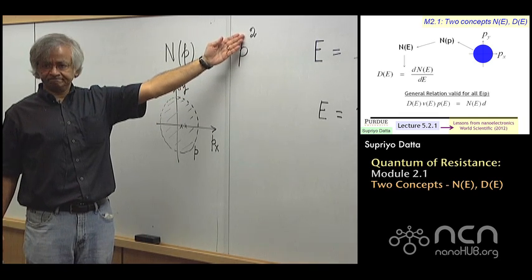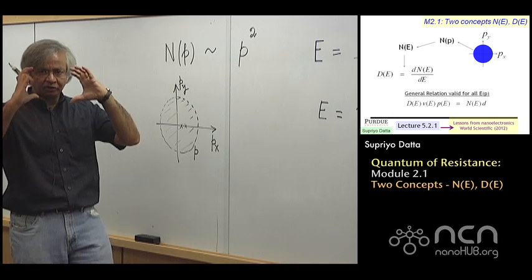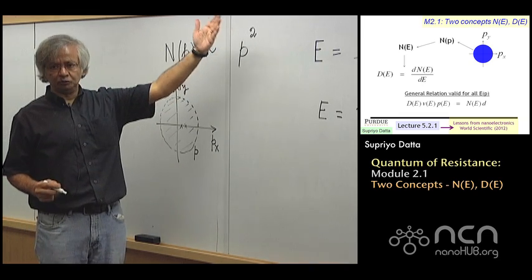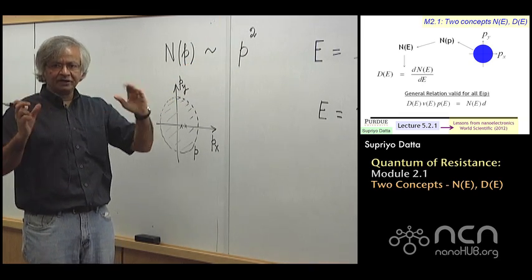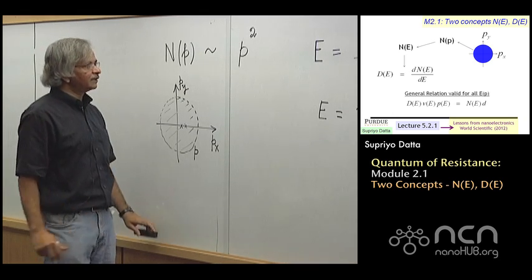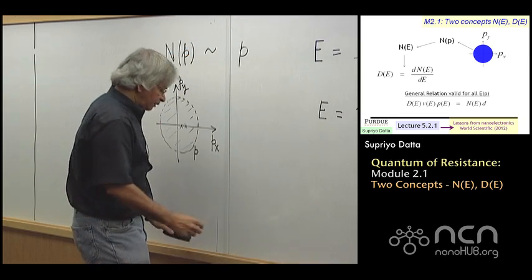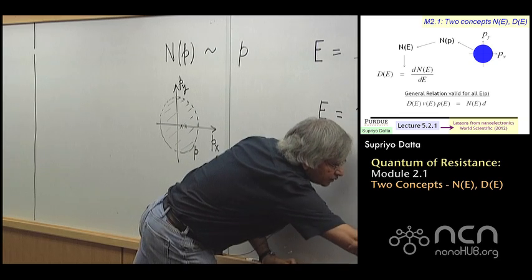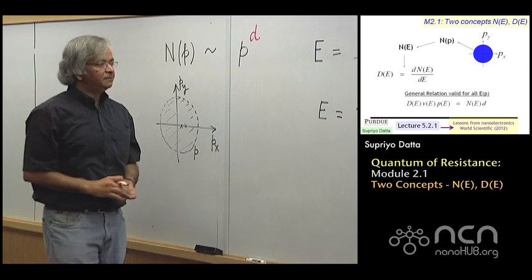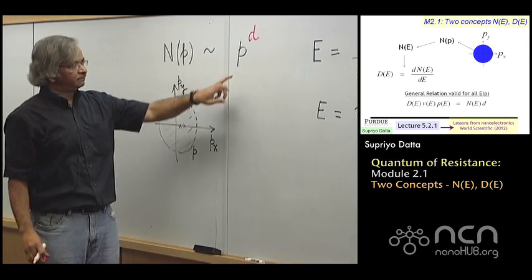So for the moment, we just note that N of P is proportional to P squared if it's two dimensions. What if it is three dimensions? Well, then I should be looking at the volume of a cube, and that would be P cubed. Or if it's one dimension, then we're just looking at a line, so it's just proportional to P. So in general, I could write N of P is proportional to P to the power d, d being the number of dimensions we are interested in.